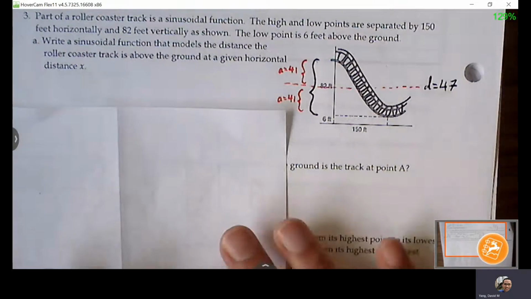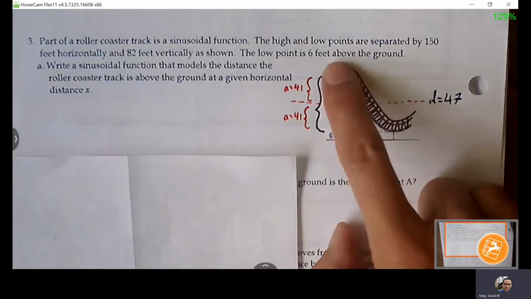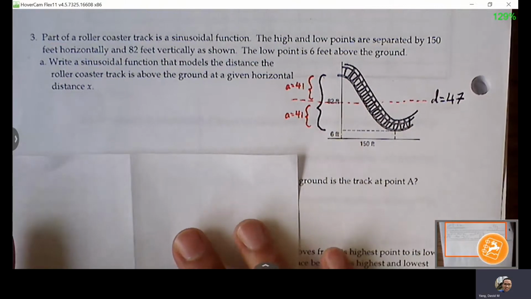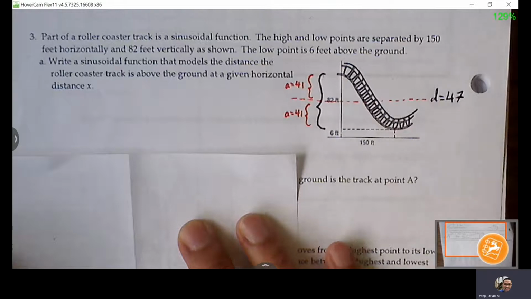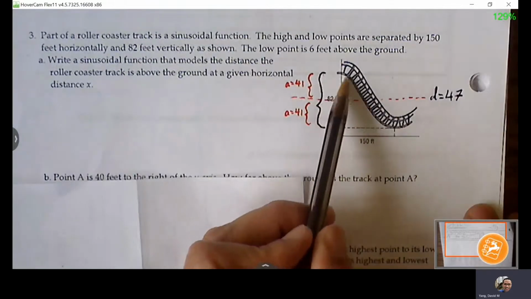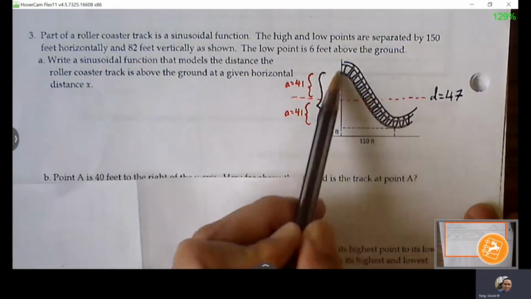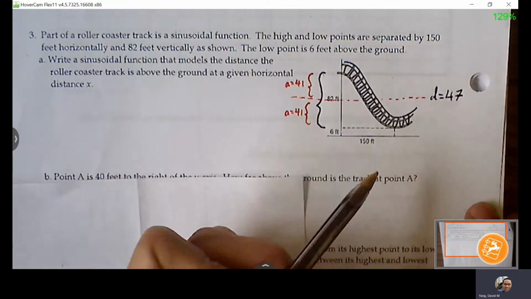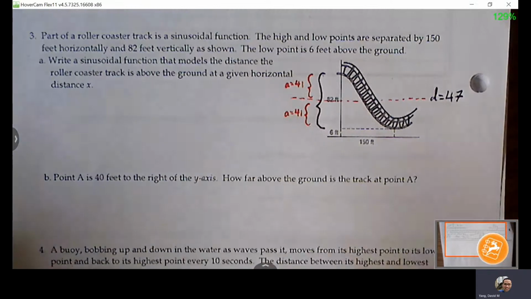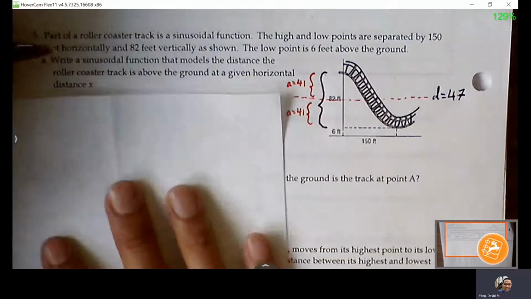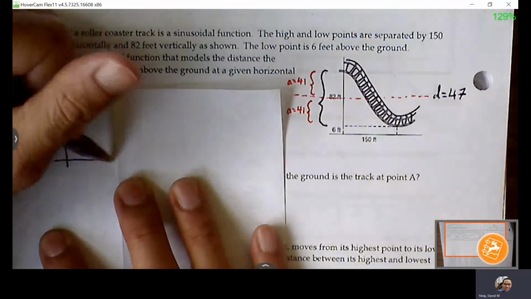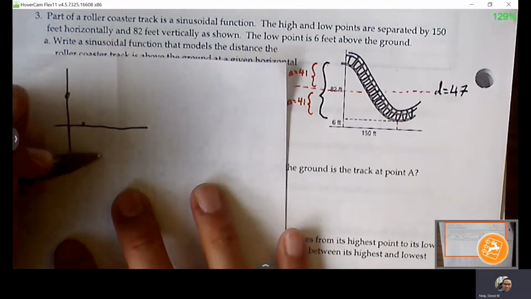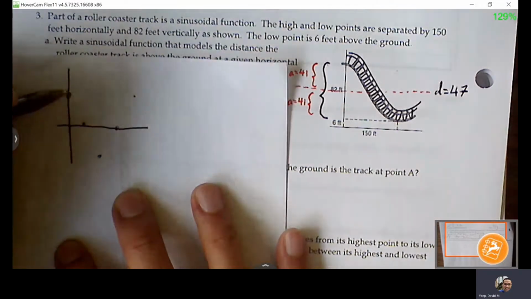Let's talk about this graph here. What does it look like to you, sine or cosine? They're only showing a portion of it. This roller coaster continues, so they're only showing us part of it. If we think about what a cosine function looks like, it starts at the peak, goes to the midline, down to the minimum, and then back up to the peak again.